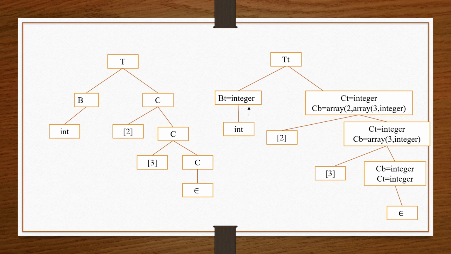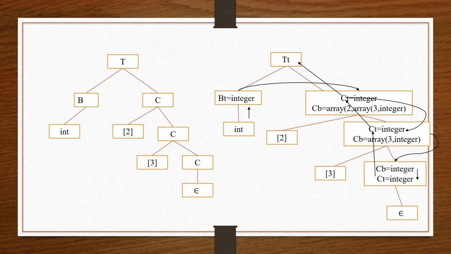What is that inherited attribute? C.B. That is copied to C.B. Now, after that, this is copied down. Then, like this, C.B is copied to C.T. Then, C.T to C.T. Then, C.T to T.T. So this is what it means.